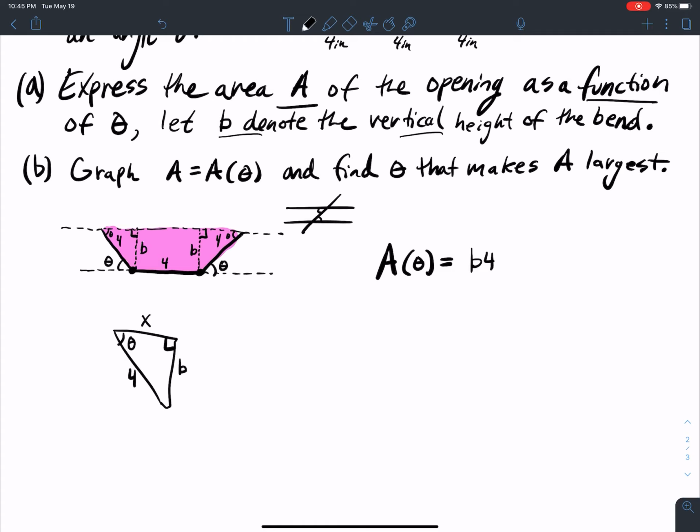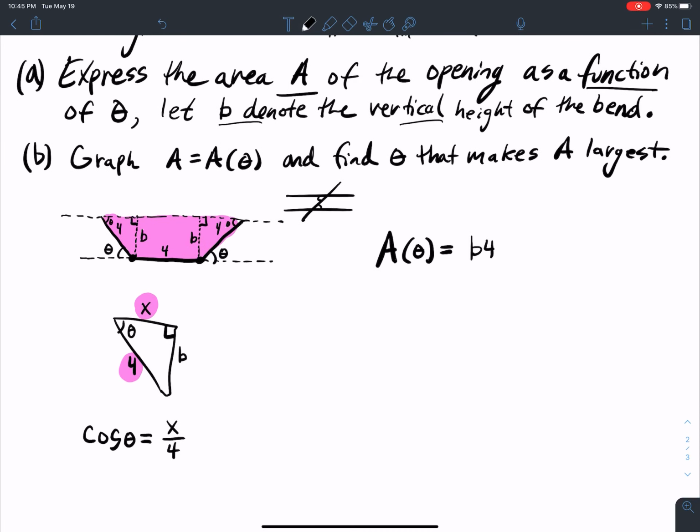One thing that I can do is the cosine of theta, which is equal to adjacent divided by hypotenuse, which would be x divided by 4.